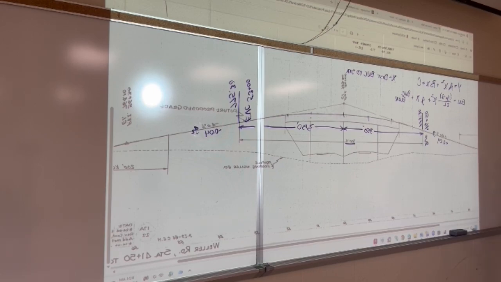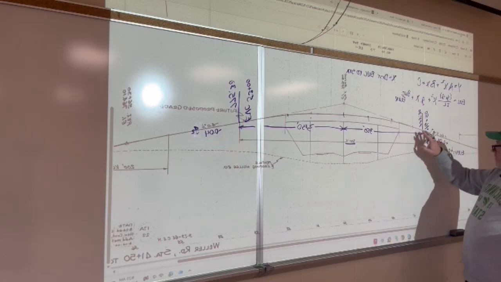I'm probably going to mess something up here, so this is where the fun begins. Elevation is equal to G sub 2 minus G sub 1, negative 0.04 minus 0.04, that quantity divided by 2 times 700.